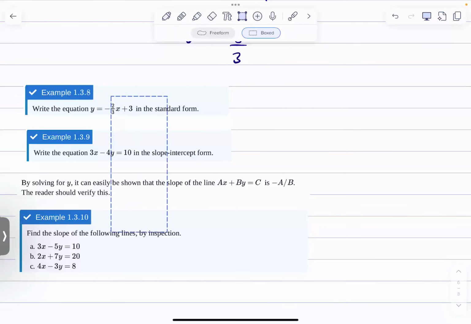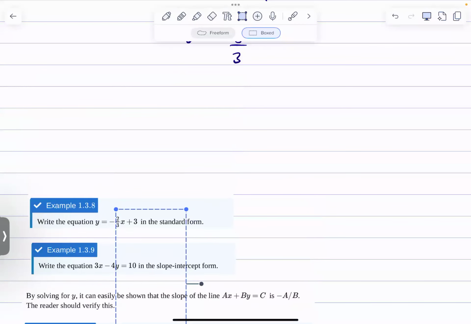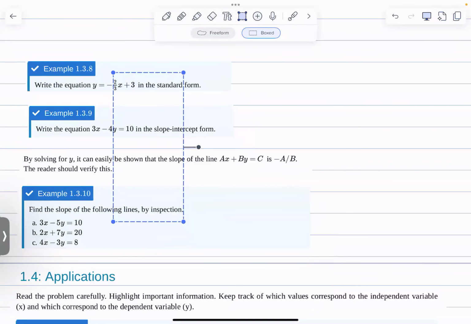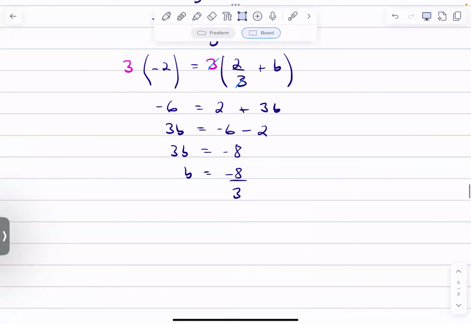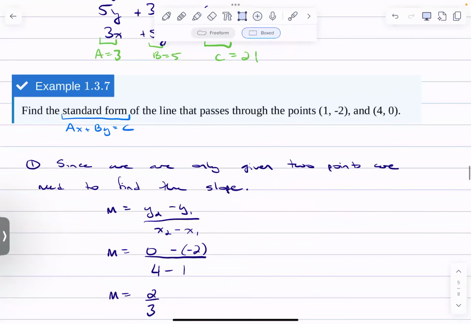And so now, I forgot what our goal was. Let's see. Oh, find the standard form. So we have everything that we need to put this into y equals mx plus b, but then our ultimate goal is to find it in this form, right?